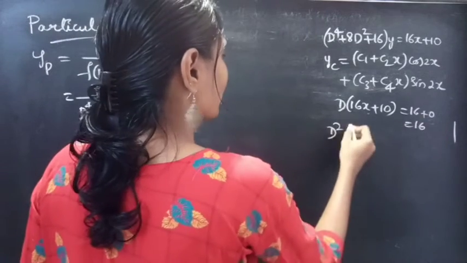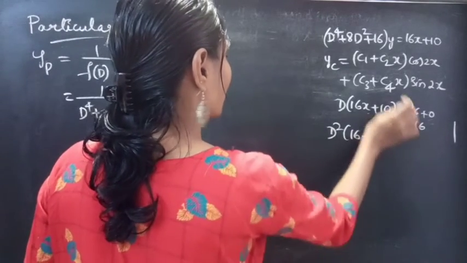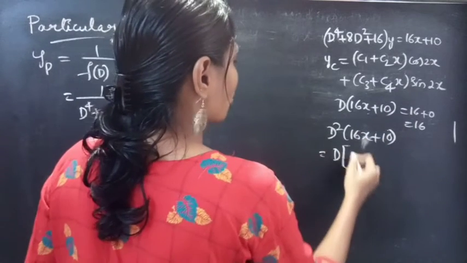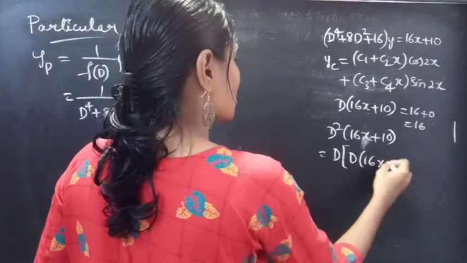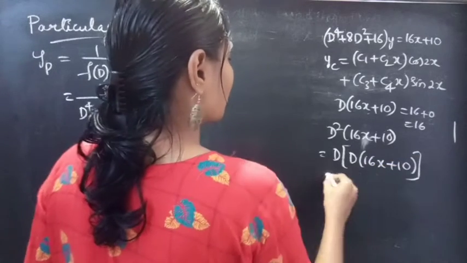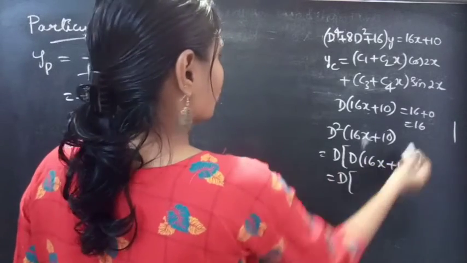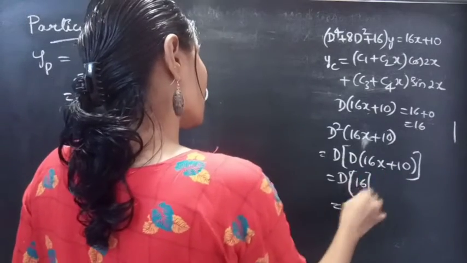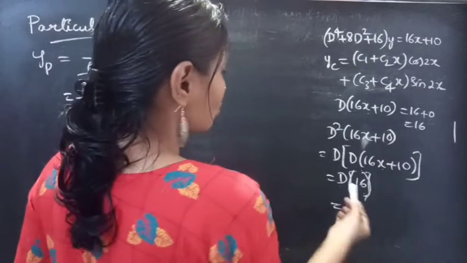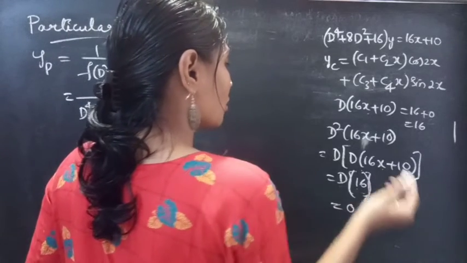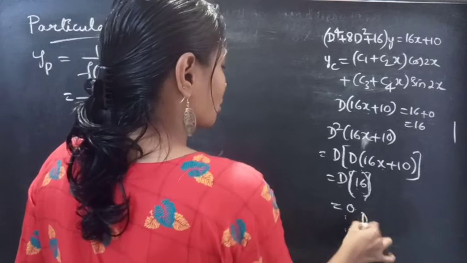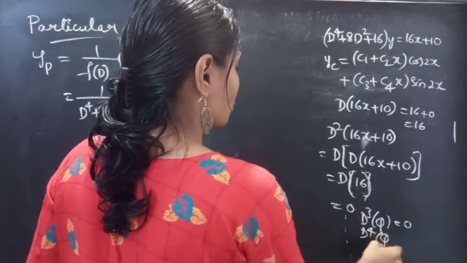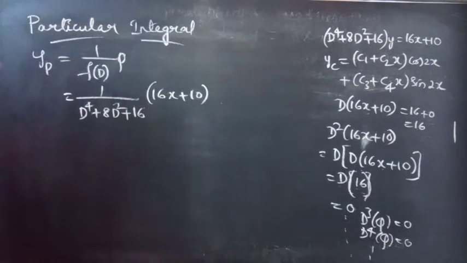Now, let's find d square of q, which is equal to the derivative of dq. We have the value of the derivative of q, which is 16. Now we need to find the derivative of 16. Since 16 is a constant, the derivative of a constant with respect to x is 0. So from here you'll get d cube of q equals 0, d power 4 of q equals 0, and so on, 0, 0, 0, right?